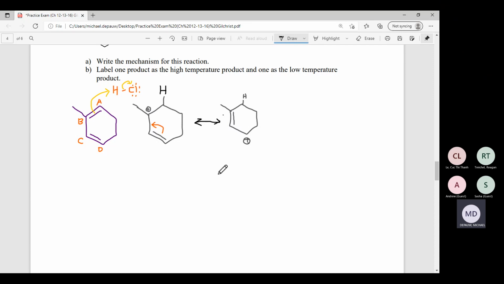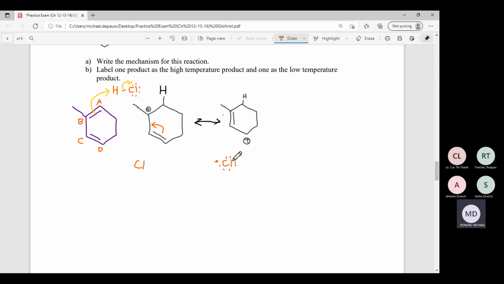So the chlorine then can attack either one of these two positions. I have chlorine here that I got from above. It has 4 lone pairs and a negative charge.